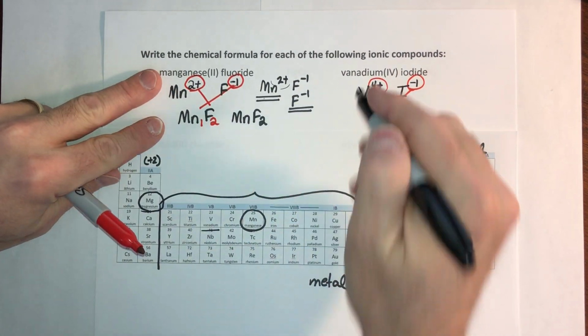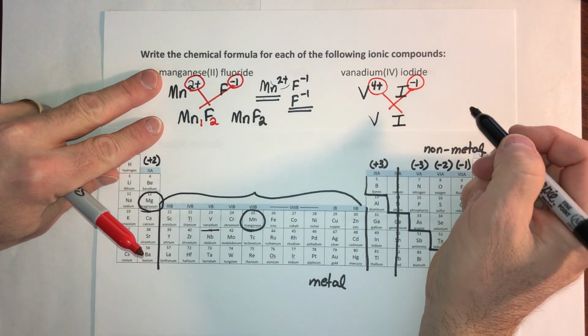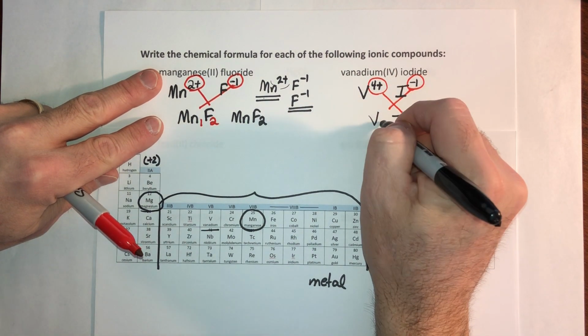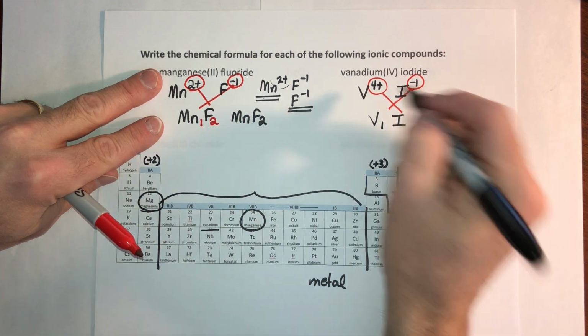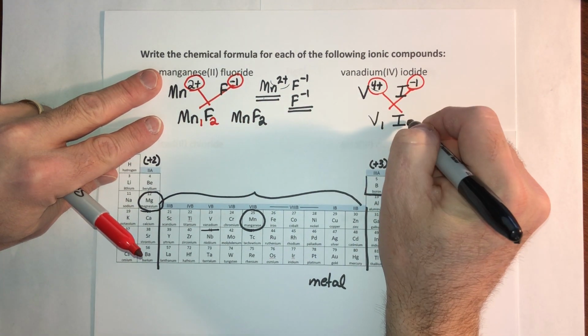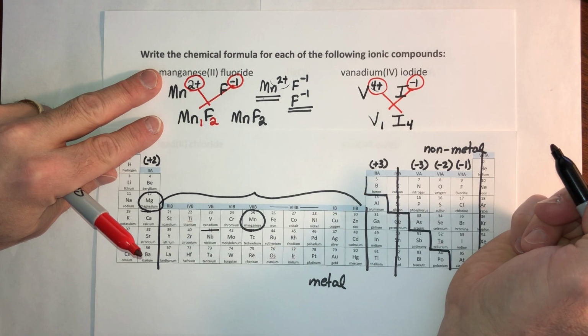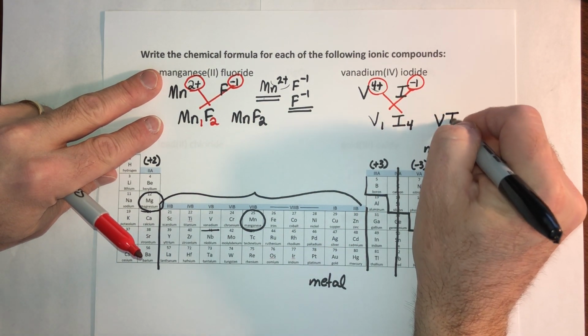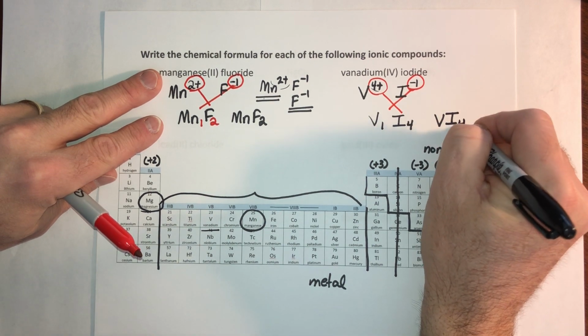So if I list my 2 elements, V and I, because there's a -1 charge on the iodide, I'm going to have 1 vanadium. Because there's a +4 charge on the vanadium, I'm going to have 4 of them. And I don't really like to write the 1, so I just drop it and call this VI4.